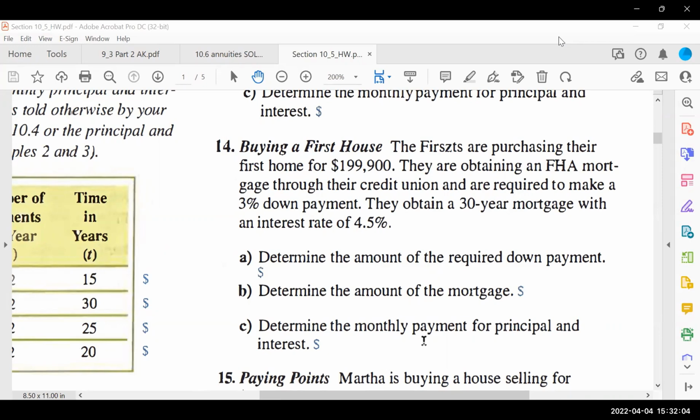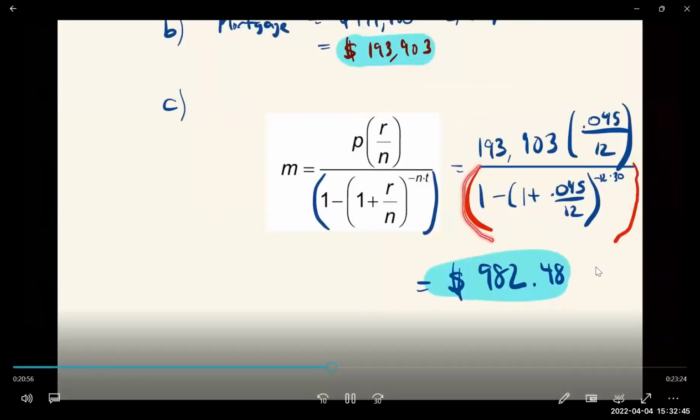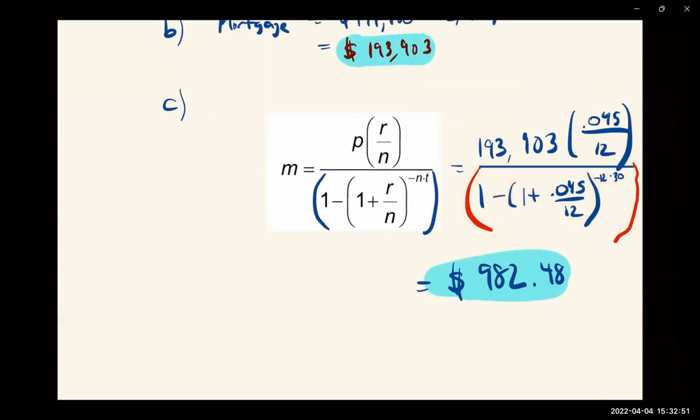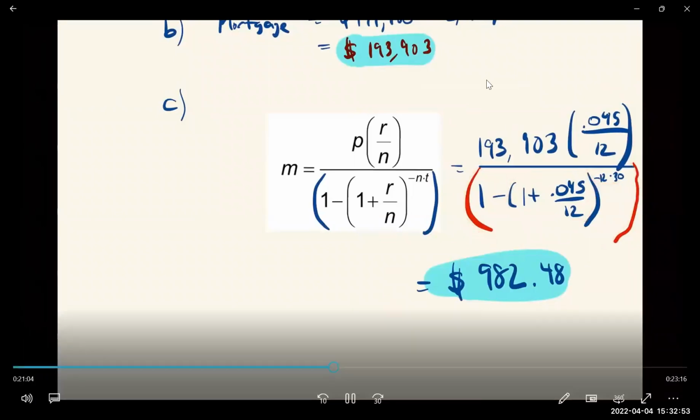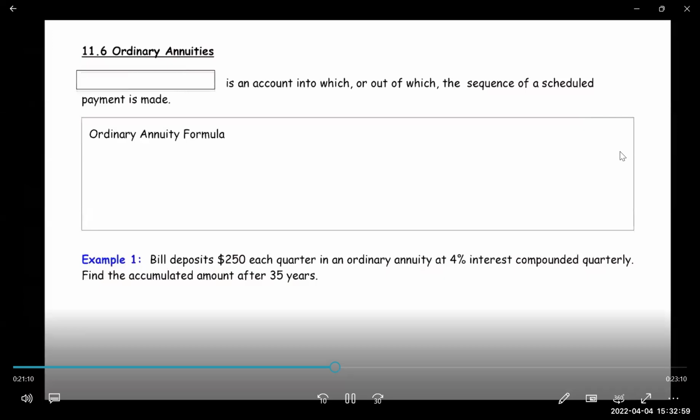Hopefully you guys see it in the chat. There's the homework assignment. So try out number 14. I'll give you guys like 10 minutes, and then we'll come back. Just remember to put this parentheses and this parentheses there, and then there's your exponent.